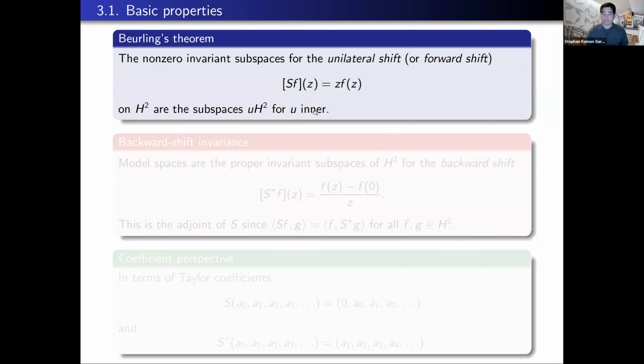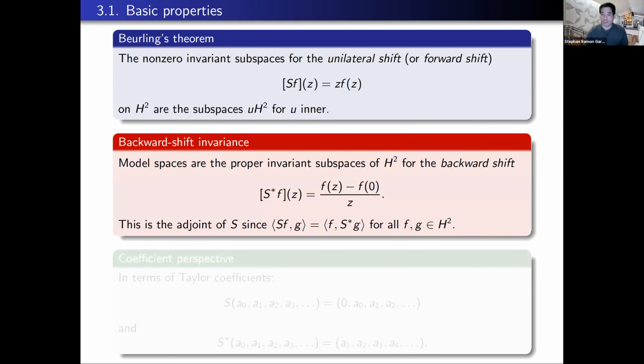It turns out, because of this orthogonal complement characterization of model spaces, that the model spaces are the invariant subspaces for the backward shift operator on H2. That is this operator, which I'm denoting S star, which has this funny definition where you subtract off the value of F at the origin, so that now the numerator vanishes at the origin, so I can divide by Z. That turns out to be the backward shift operator on H2.